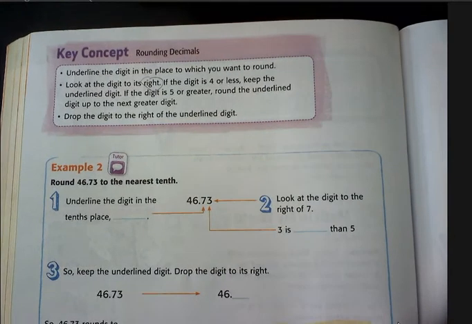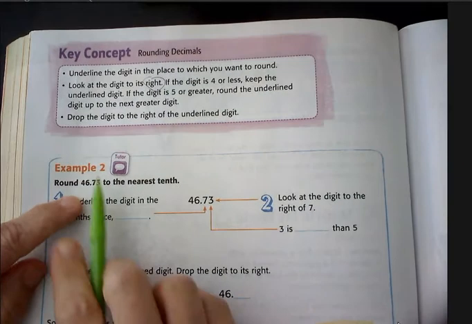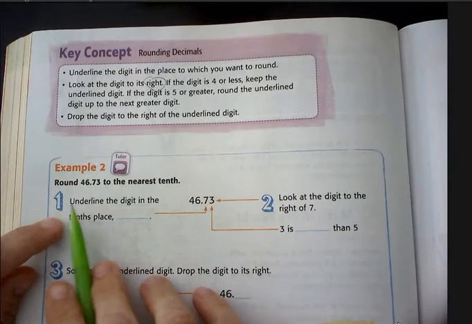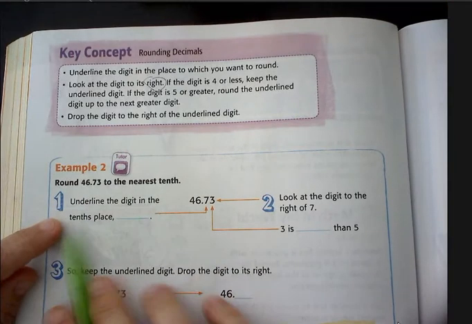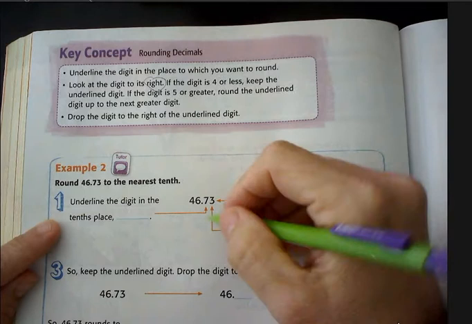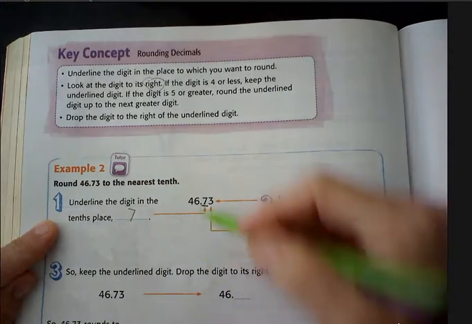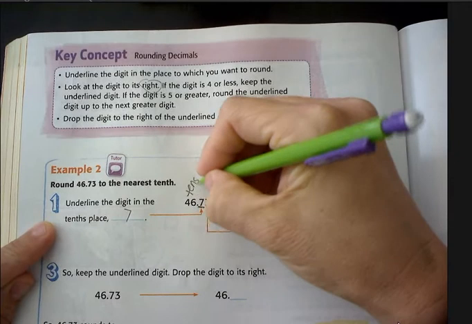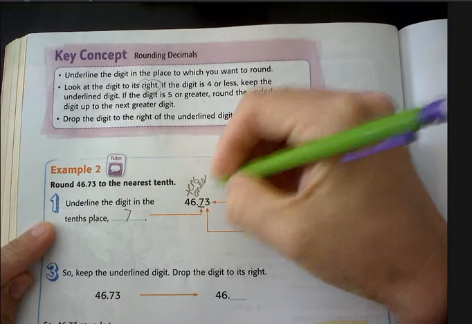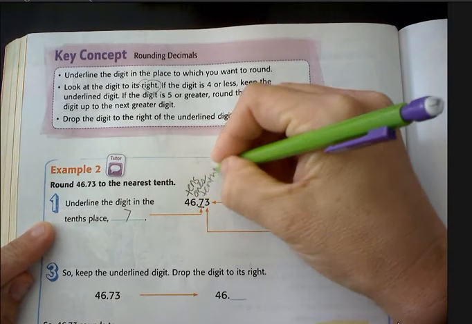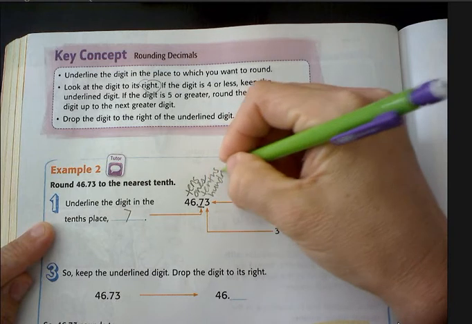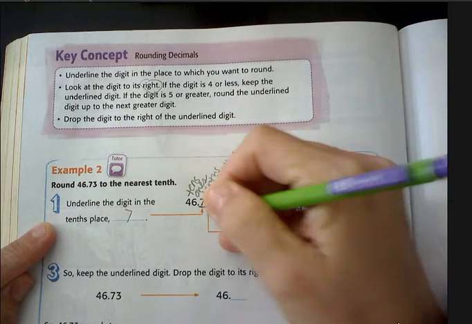It says round 46.73 to the nearest tenth. So our first step is to underline the digit in the tenths place, and remember, that's this one right here. It's the 7. This is our tens, ones, tenths, and hundredths. So we're going to underline the tenths.